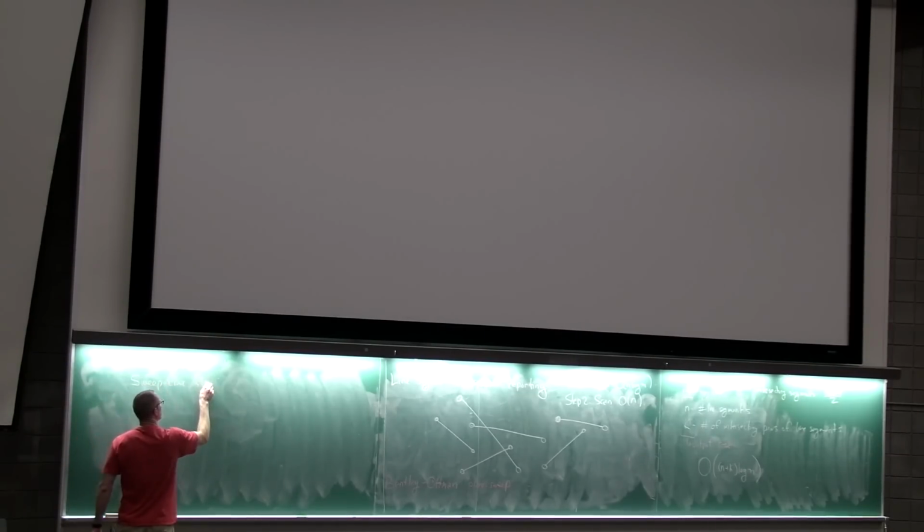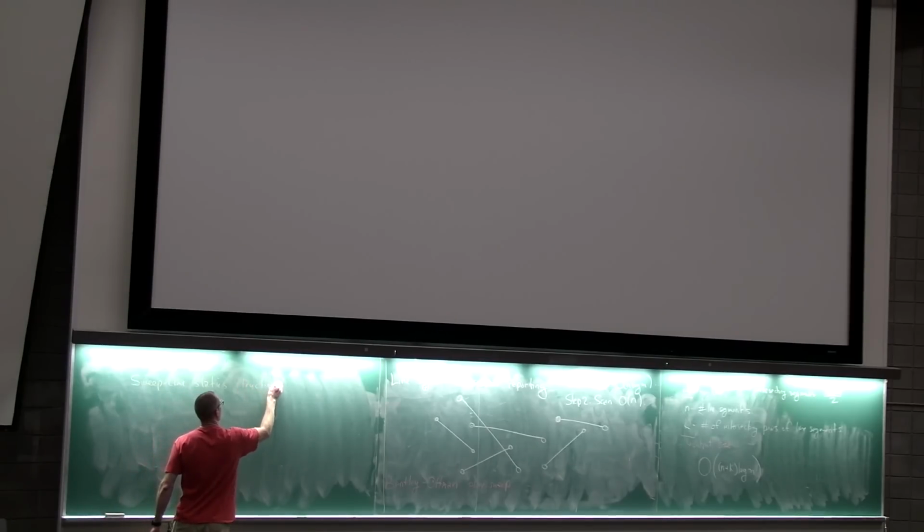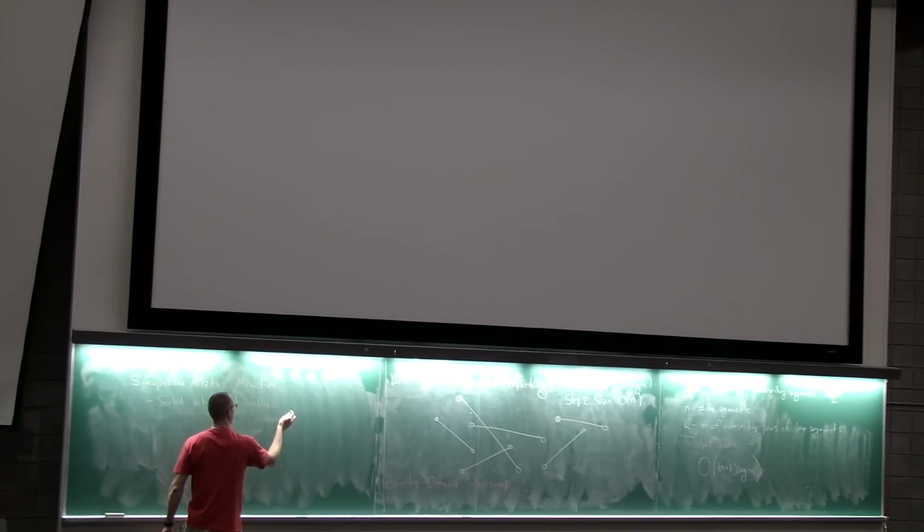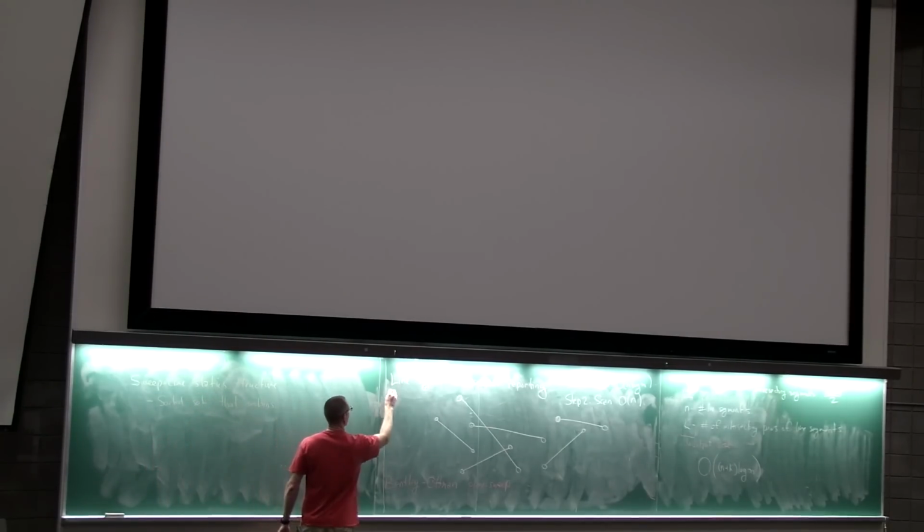The sweep line status structure. This is just a sorted set that contains what's called a sweep line L, the intersections of L with the segments.